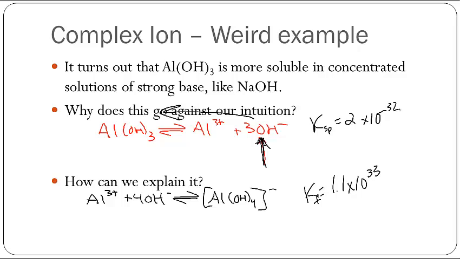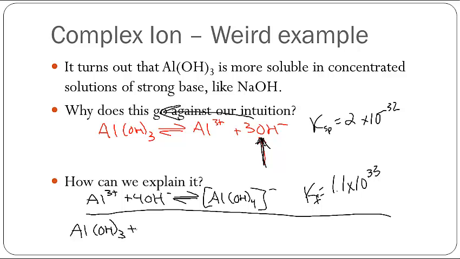Wicked unfavorable, right? But when I couple these two reactions and I get the overall reaction of Al(OH)3 plus OH- makes Al(OH)4-, well, now my K equals 22.